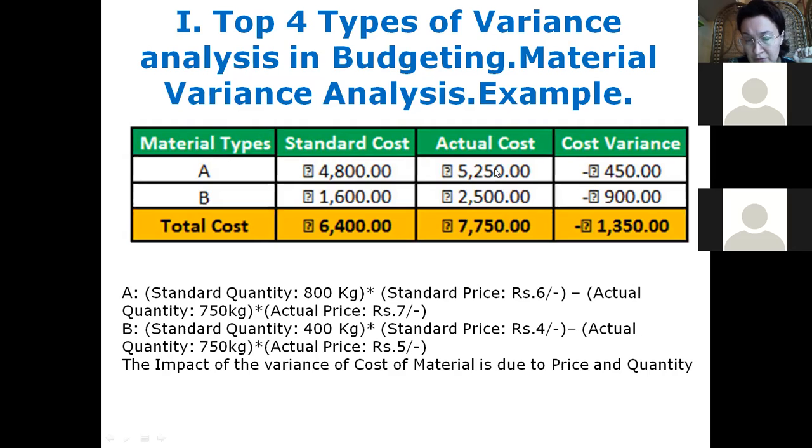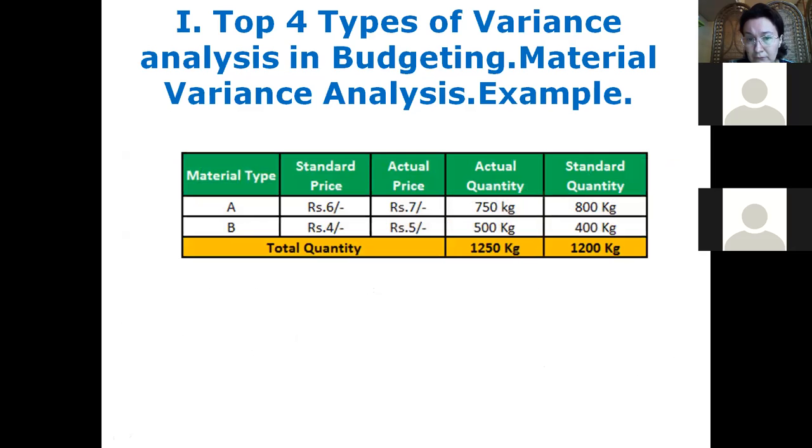So in order to get the result of cost variance, we should calculate the total cost by using the standard costs and actual costs, and calculate the difference. And we can see that the impact of the variance of cost of material is due to price and quantity.